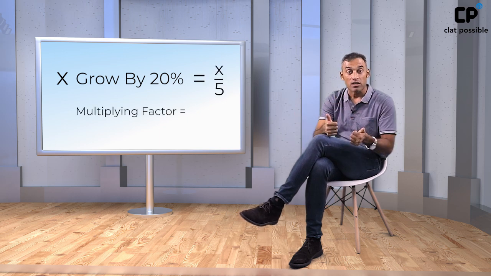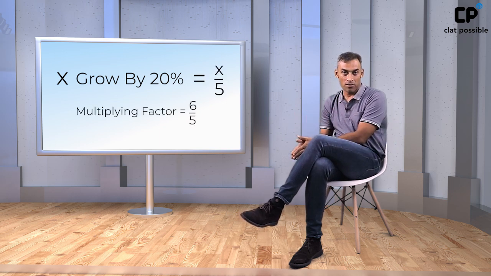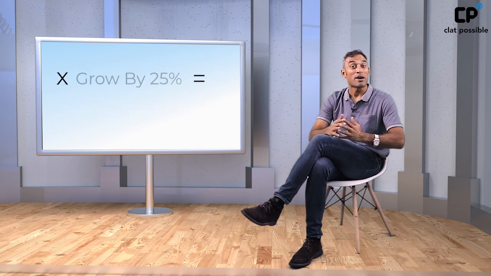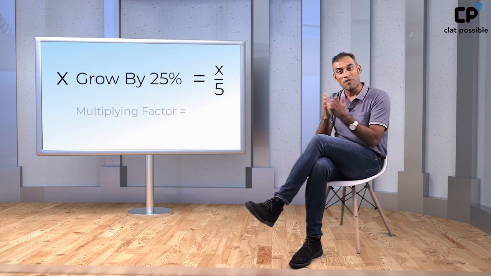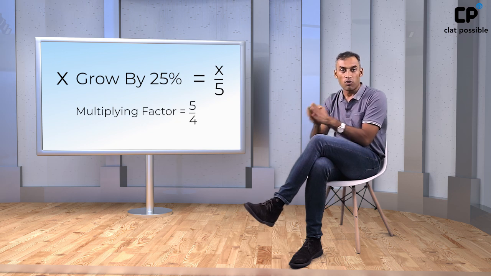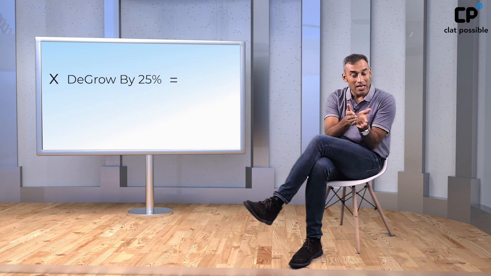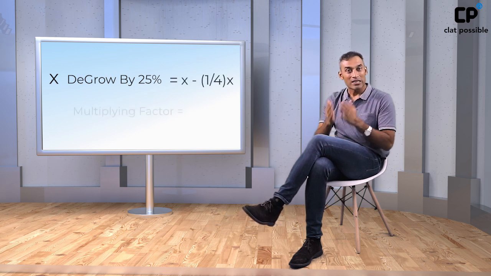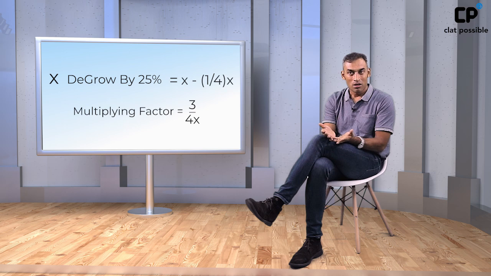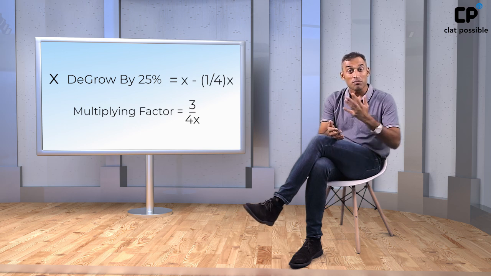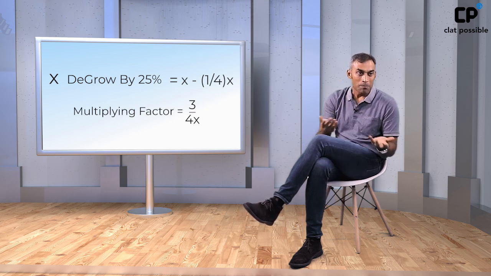So my multiplying factor will become 6 by 5. Similarly, if something grows by 25%, my multiplying factor will become 5 by 4, provided there is a growth. If there is a degrowth of 25%, it will be x minus 1 by 4 x, and that becomes 3 by 4 x, right?